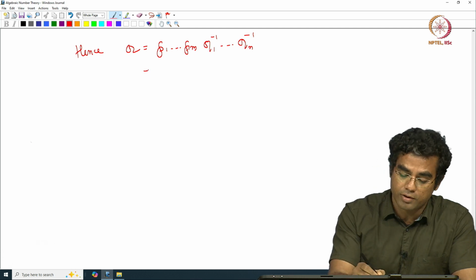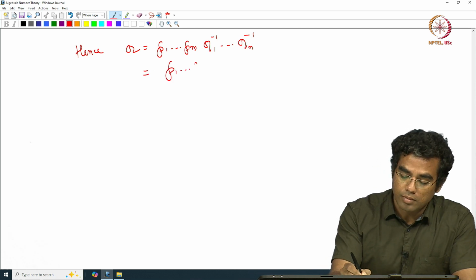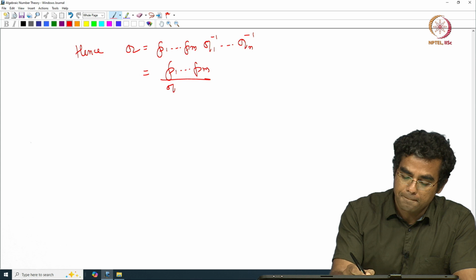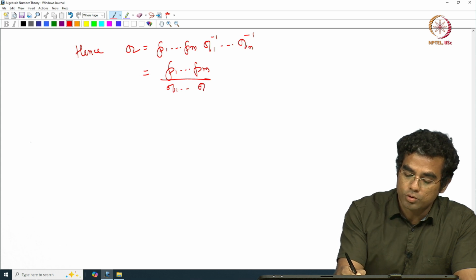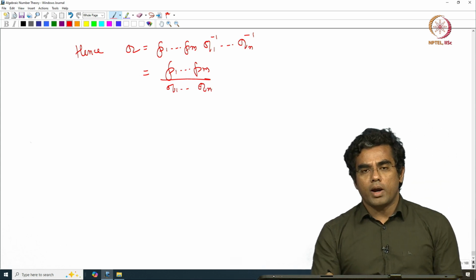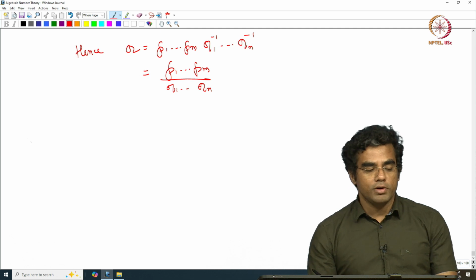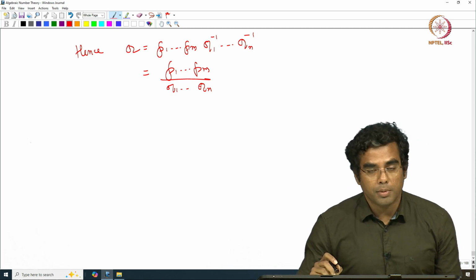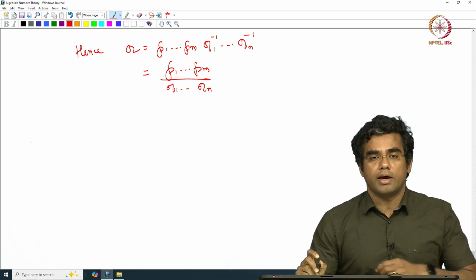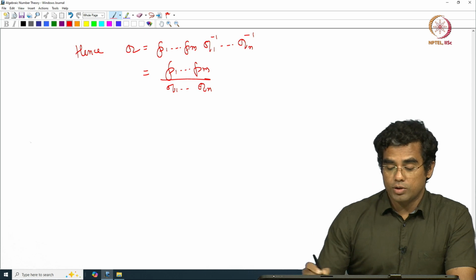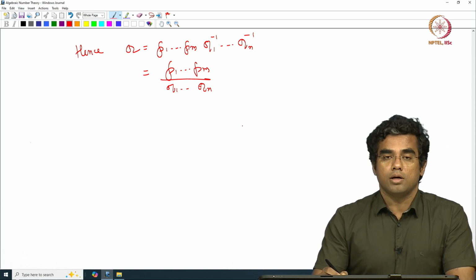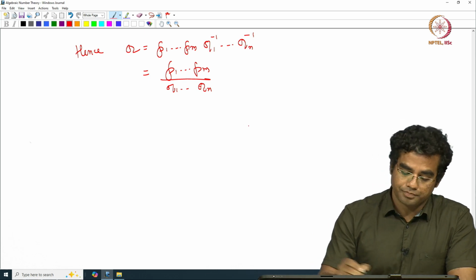Right. This is another way of writing P1 up to Pm over Q1 up to Qn. Now, that is not quite done, because we did not choose our x carefully enough. So, there may be some common primes in numerator and denominator.